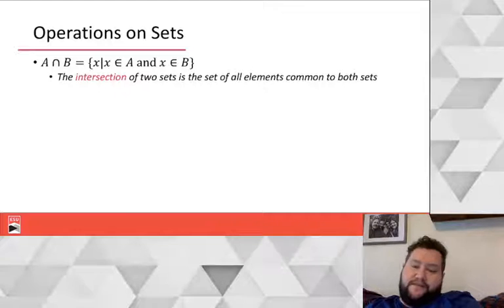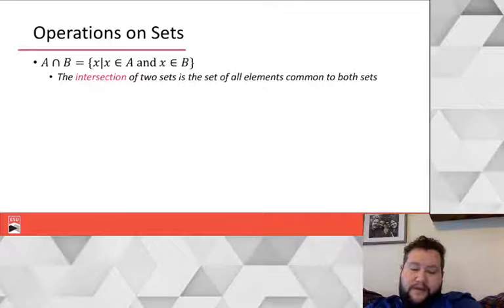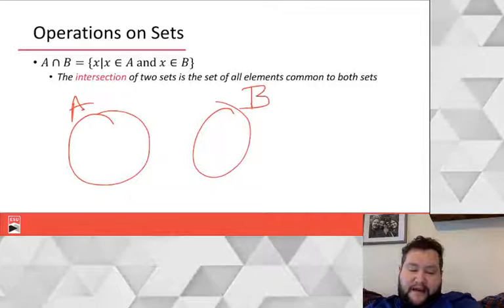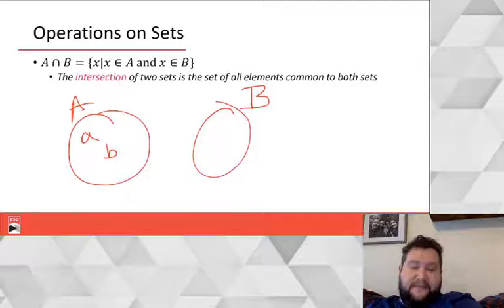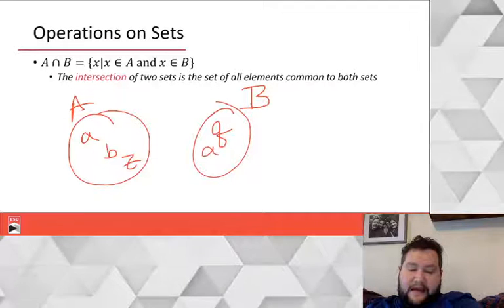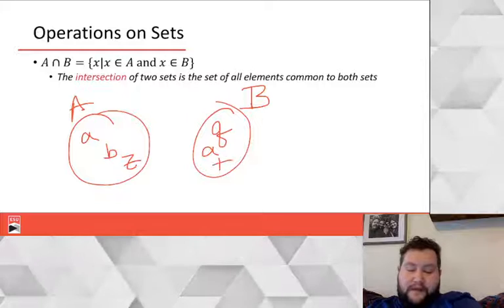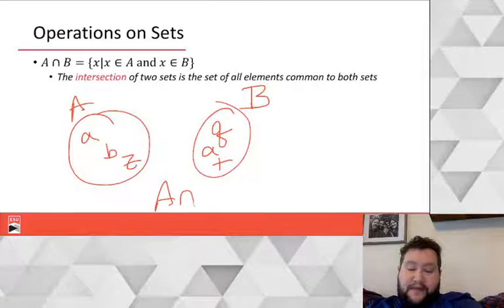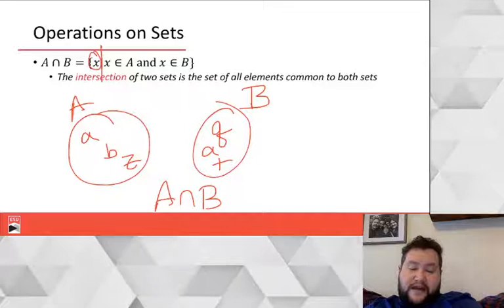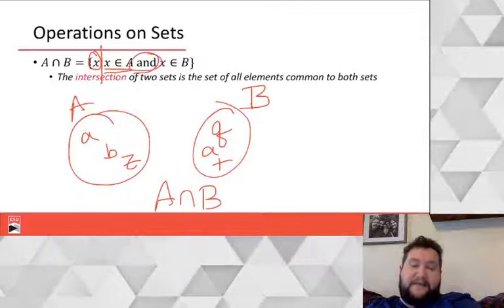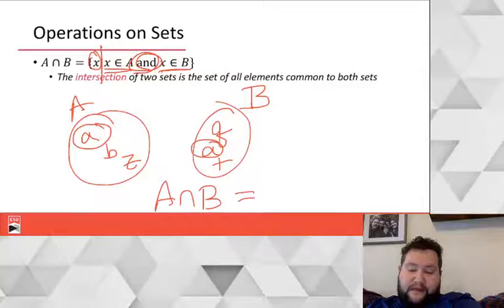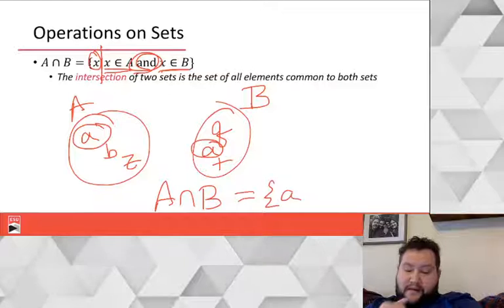What about the intersection, the things that are common to both? So let's say A is here, and B is here, and this has A, B, and Z. And over here we have Q, A, and T. So A intersect B is the set of all X such that X is in A and X is in B. So there's an A and A. There's a B here, there's no B there.